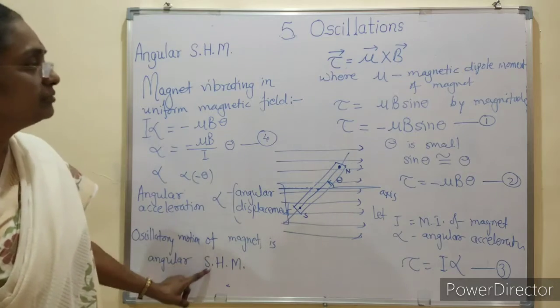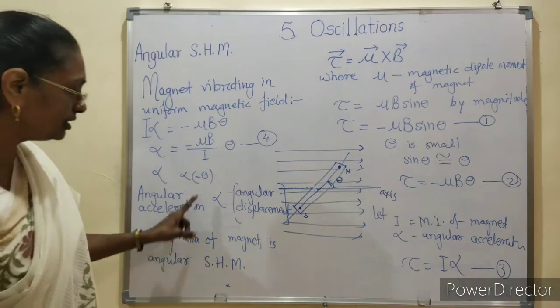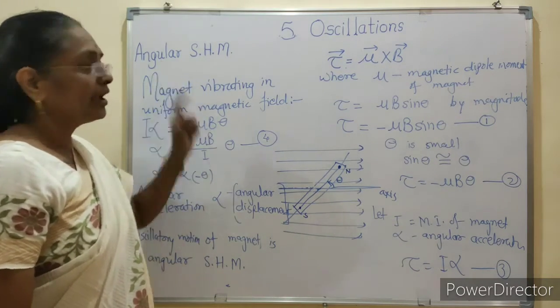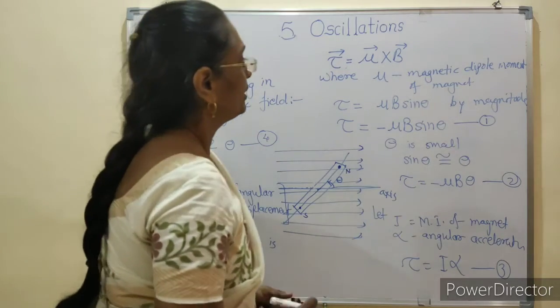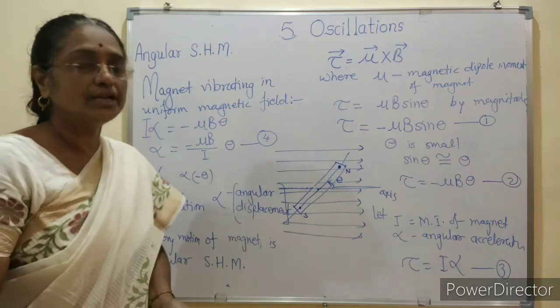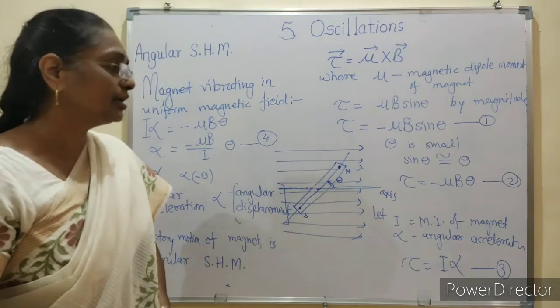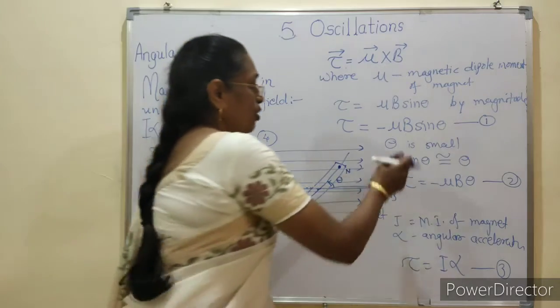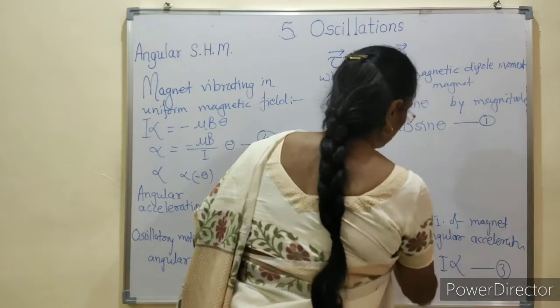Now the next step in this angular S.H.M. is that we have to find the period of the magnet. As there is vibratory motion, it has a period or periodic time.